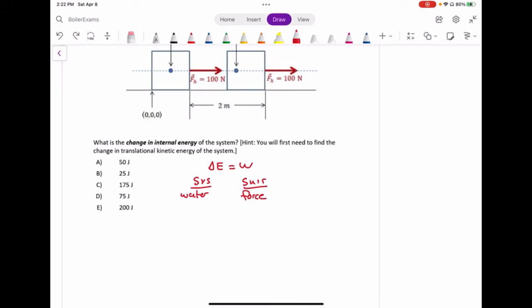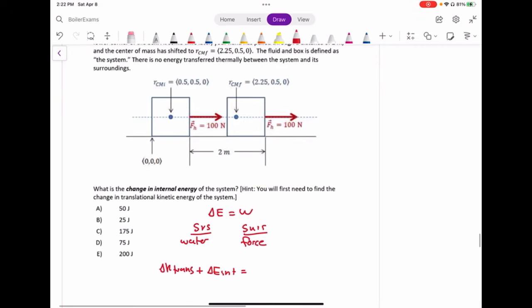If we're doing the extended system, we're going to have a change in translational kinetic energy, plus delta E internal, and this is going to be equal to our work, which is F dot D.